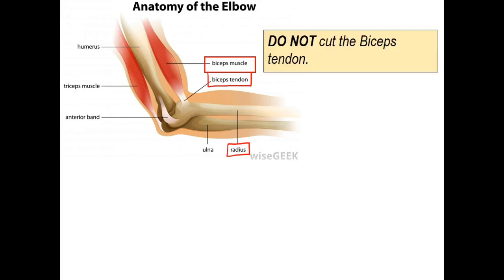Do not cut the biceps tendon. And that's because you're going to be able to pull up on the bicep muscle and notice that the radius pulls up along with it. So you're going to perform a flexion of the forearm. And so if you've cut the tendon, then that's going to be a huge problem for you.